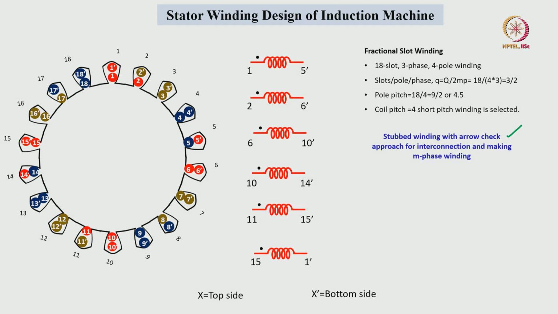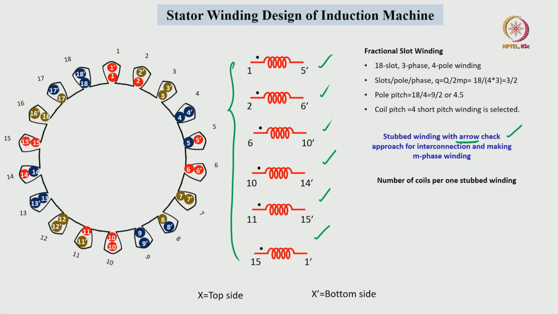Stubbing approach is nothing but a virtual representation of these physical coils, and we will utilize the arrow representation to connect these 6 coils. Whatever the 6 coils related to each and every phase are there, those 6 coils we will connect by utilizing the arrow representation.